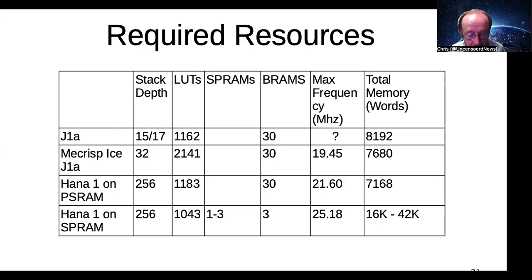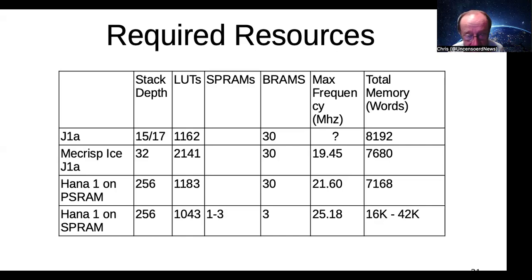But once I moved it to SPRAM, boy, it shrank, and suddenly, boom! I didn't realize this at first, but I got rid of that whole enormous multiplexer tree that merges all those little BRAMs together. Now, the microSPICE HANA family has like 26 instructions, plus interrupts and all kinds of other stuff, so it's fundamentally much bigger than the J1A.